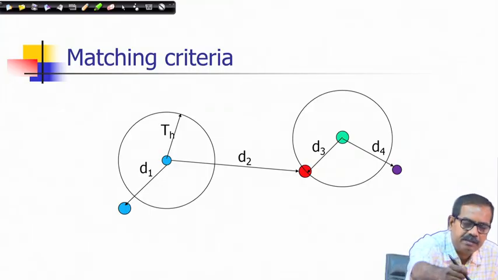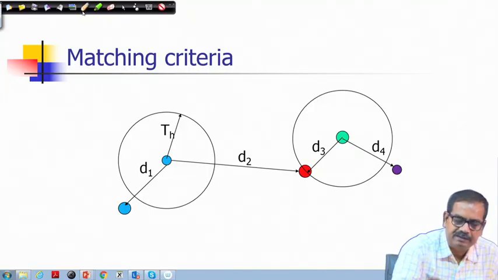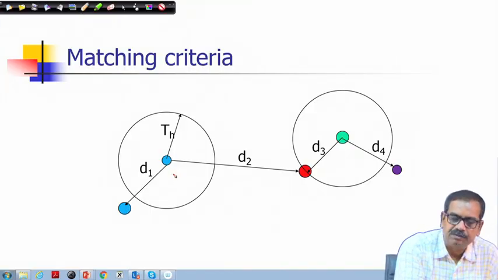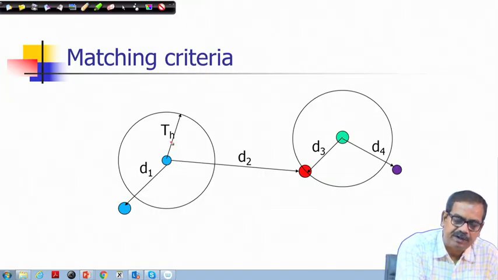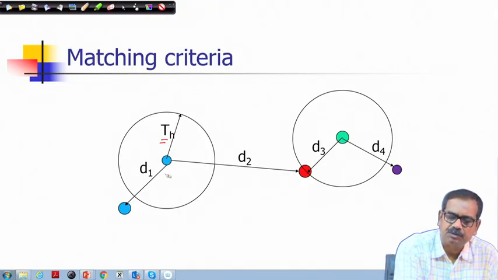In this example you can see that the feature vectors which are actually closer in the space are colored by the same color. For example, if I use a fixed threshold of th, then all the feature vectors within this circular region are selected. We are showing a 2-dimensional space, so it would be a sphere if it is a 3-dimensional feature vector, or a hypersphere for an n-dimensional feature vector.